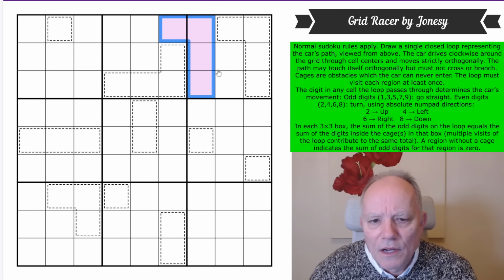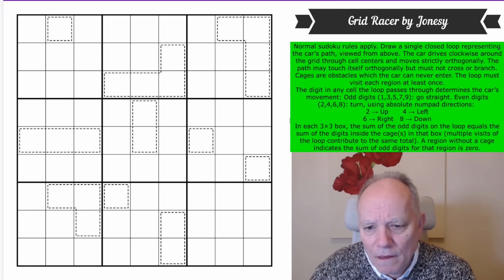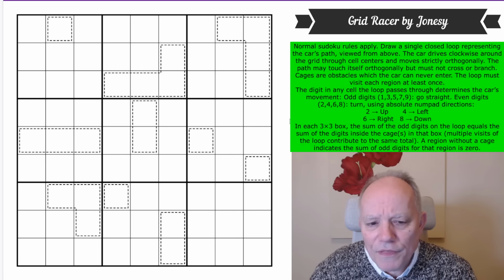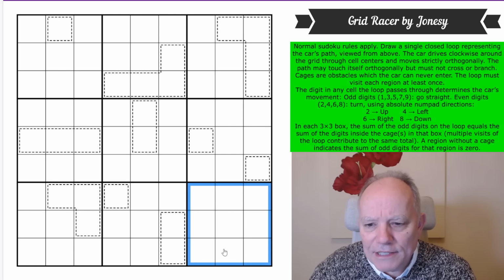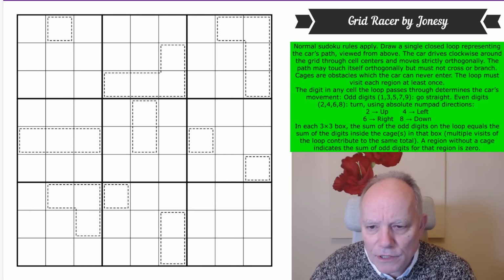The odd digits on that loop would sum to the total of the cage or cages in that box. A region without a cage, that's box 9, indicates that the sum of odd digits for that region is 0. So it's not just that the cage has not been supplied, it's that there is not one.